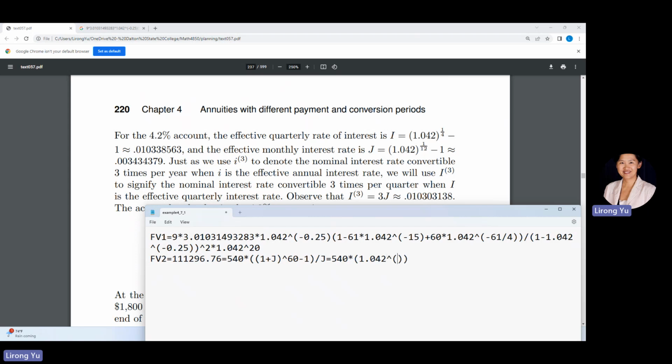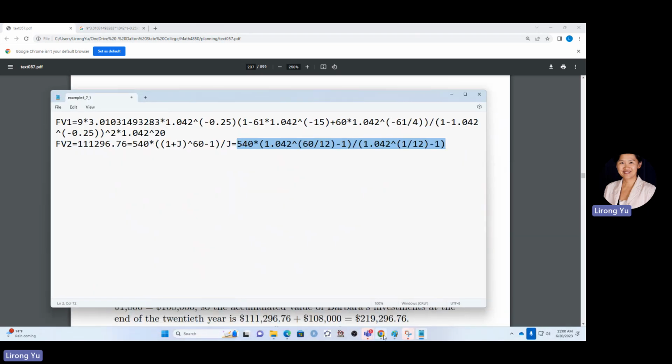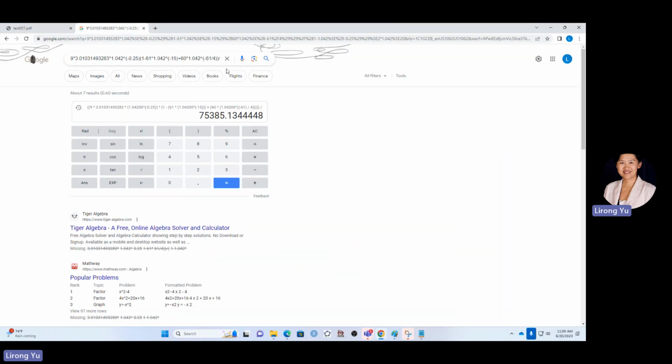But then this has to be raised to the power 60. And then this is minus 1, so that's all the numerator portion of it, divided by j, and j is 1.042 to the power of 1 over 12, minus 1. This can also be done using a BA II Plus calculator, but I just want a way to combine them into a one-step calculation.